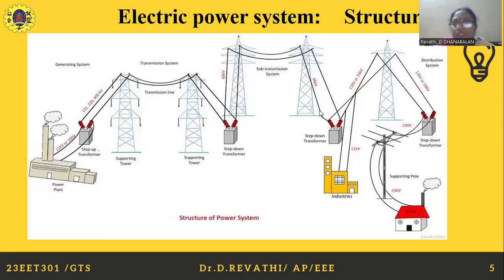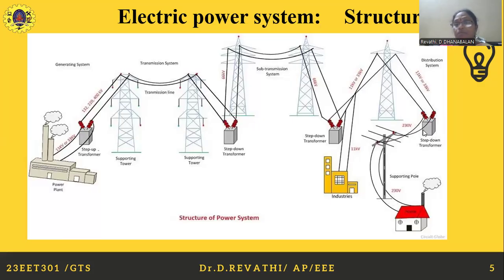For this purpose, again we step down the voltage: the 66 kV is stepped down through the transformer to 11 kV and then 33 kV. The 11 kV is used for the industries only, and the 33 kV or 11 kV is transmitted through the transmission line, and there is a step down transformer, because for the household we are using only 230 volts.